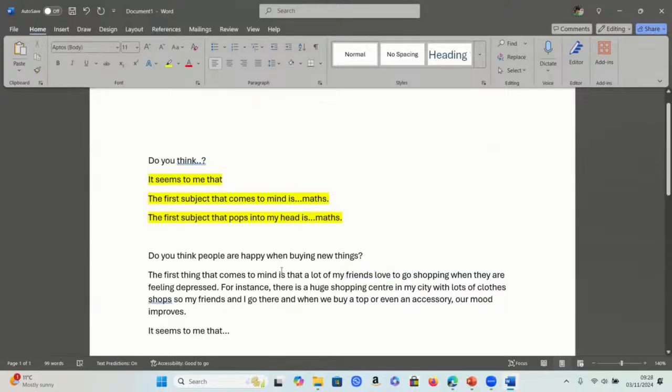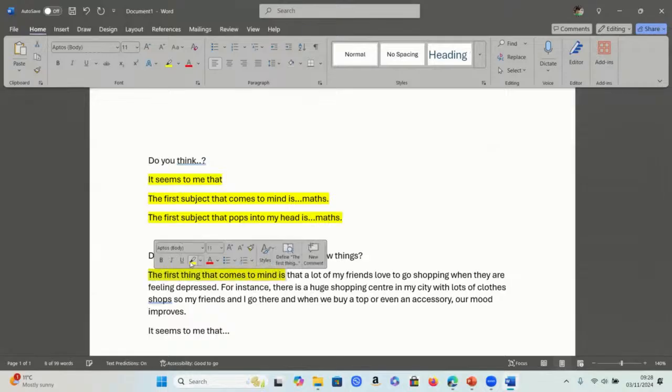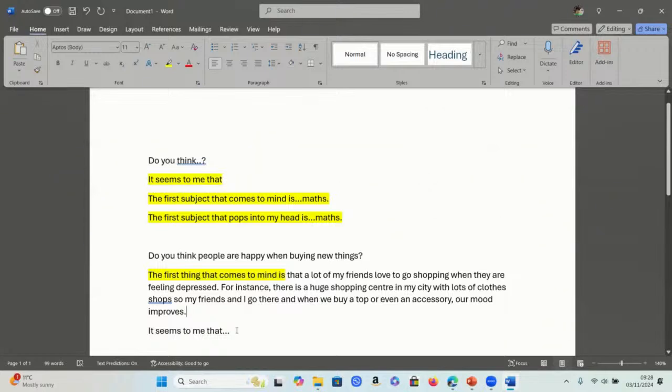The main thing is this sentence frame. When you say, do you think, you could say, it seems to me that a lot of my friends love to go shopping when they are depressed. Now, instead of saying that, you could say what I mentioned earlier: are inclined to go shopping when they're feeling depressed.